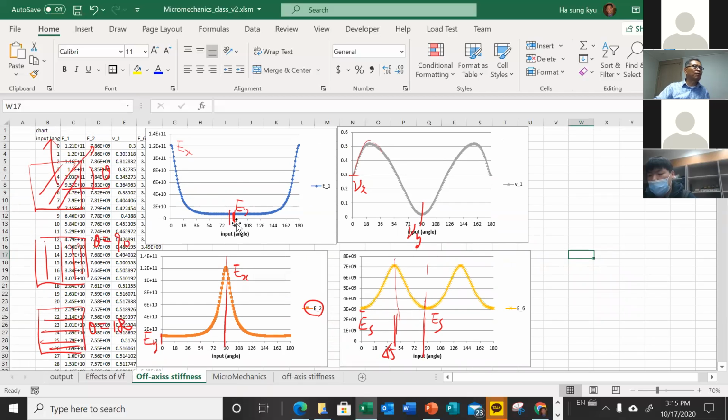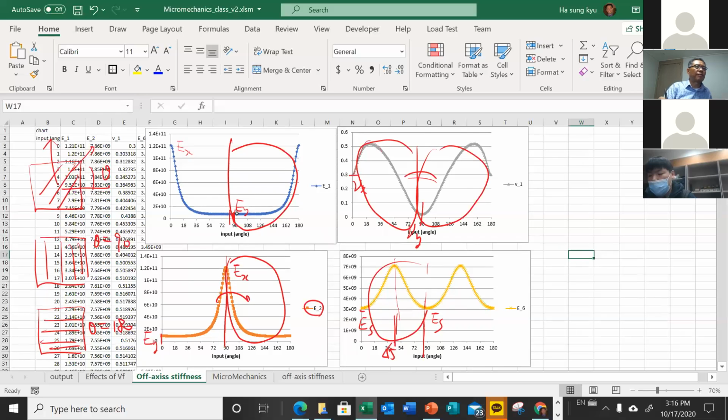Let's try to plot only 0 to 90 degrees. The reason is that, as you can see, this part will be just a repeat, and this part is nothing but a repeat, right? It has to be the same, simply because 0 to 90 and 90 to 180 degrees will be exactly the same.